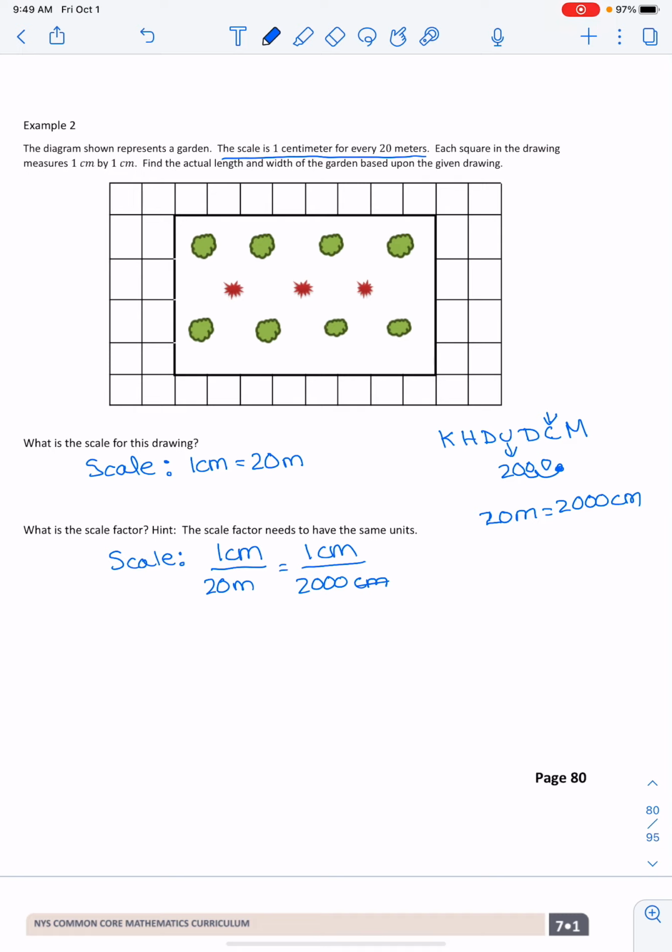So I can cross that off. And now my scale factor is 1 over 2,000. Now remember, we simplify if we need to. Not always will the numerator be a 1, so we may have to simplify.